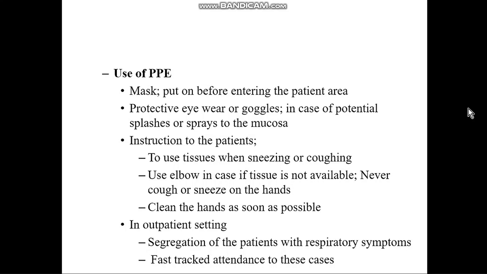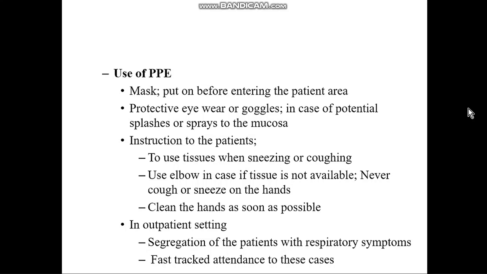Some instructions should be given to patients, like use of tissues while sneezing or coughing. If tissues are not available, then elbows should be used, and never cough or sneeze into the hands. Clean the hands as soon as possible after sneezing, coughing, or getting in contact with droplet particles.